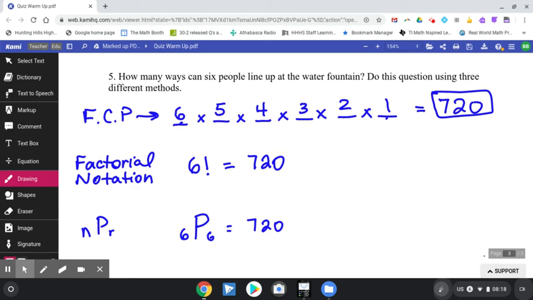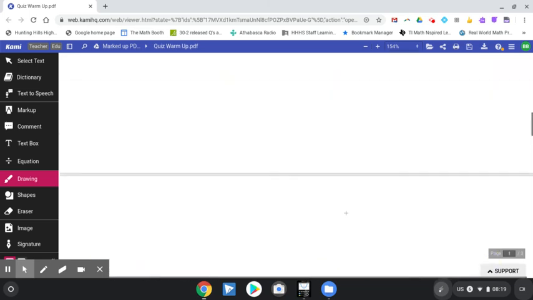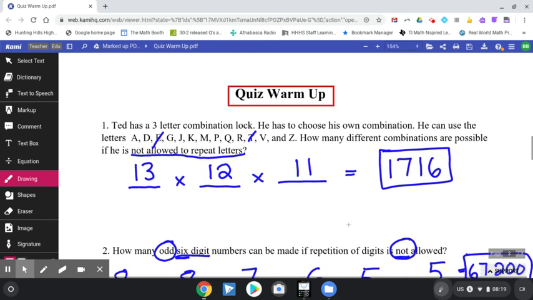So what if there were 6 people, but we were only going to put 3 people in the lineup? In a situation like that, I'd have the 6 here and the 3 here. A typical question for that would be our very first one, where we had 13 letters available and we're only going to make arrangements of 3. So this is a good one where we could have done 13 pick 3.